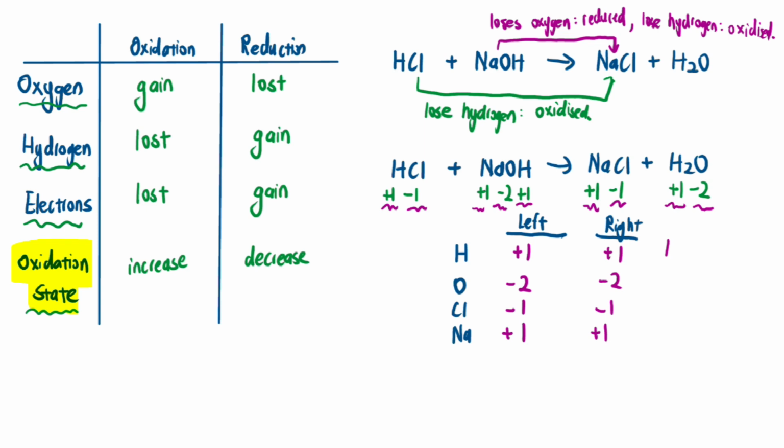So therefore, there's no change in oxidation state, which means that for this reaction, there's no redox reaction. So if you use the oxidation state method, you have derived the correct conclusion.